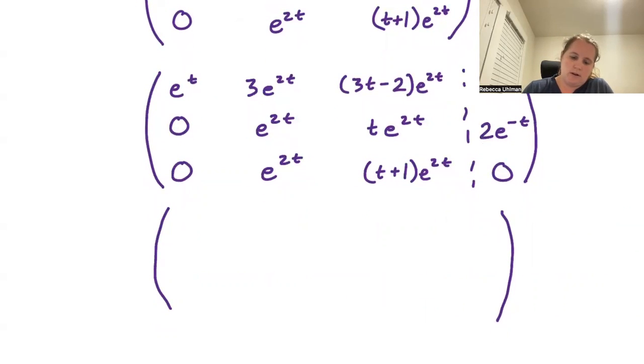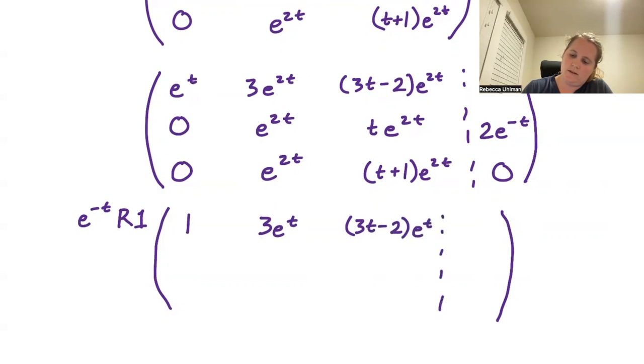If we do row 1 times e to the negative t, then we have 1, 3e to the t, and 3t minus 2 times e to the t, with augmentation 0.